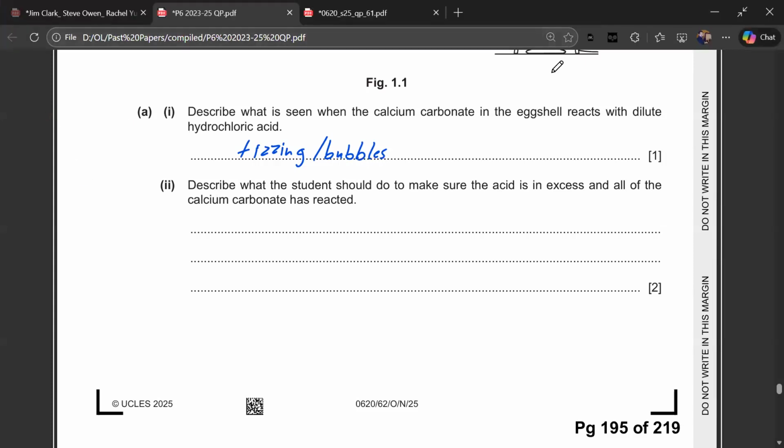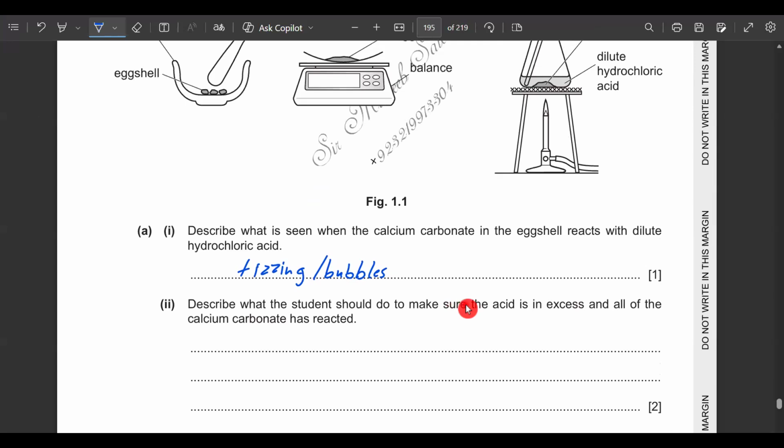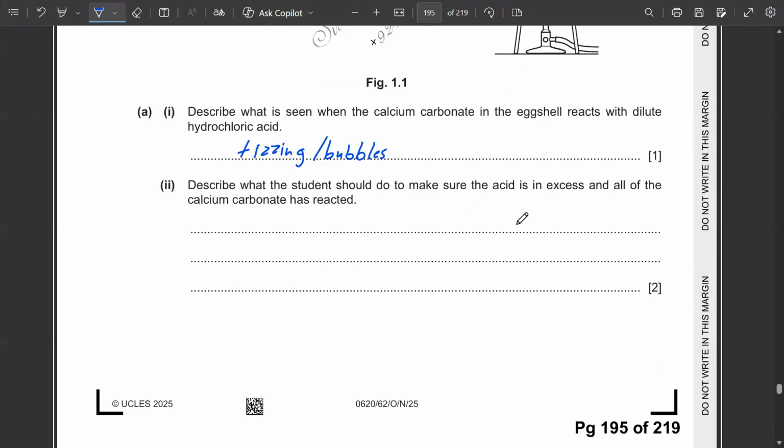Then part 2. Describe what the student should do to make sure the acid is in excess and all of the calcium carbonate has reacted. So for complete reaction to be done, you can add some more of the acid, and if bubbles are not further produced, it means that acid was already in excess.